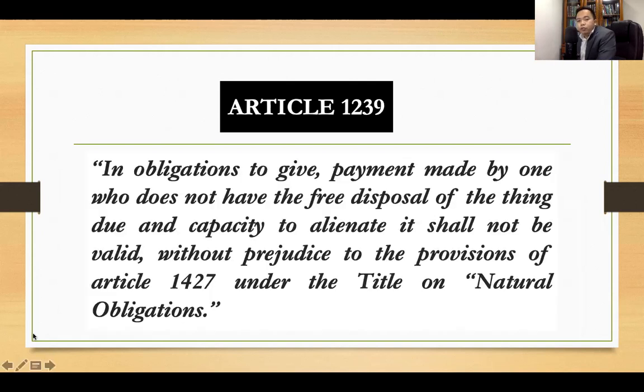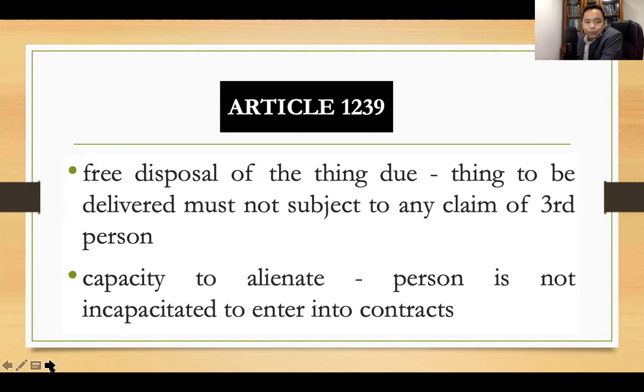Now let us go to 1239. In obligations to give, payment made by one who does not have free disposal of the thing due and capacity to alienate it shall not be valid, without prejudice to the provisions of 1427 under the title on natural obligations. When you say free disposal of the thing due, this means that the thing to be delivered must not be subject to any claim of third persons.